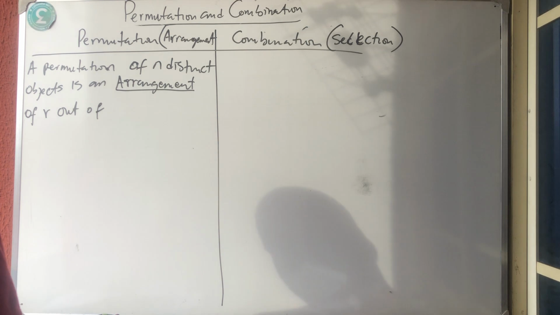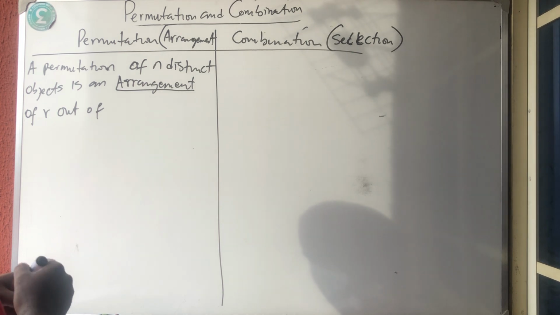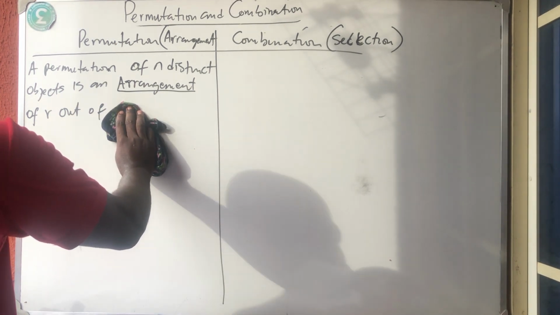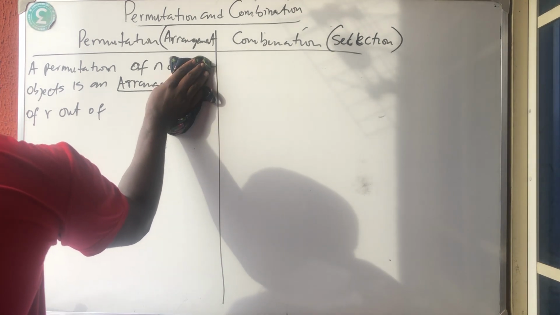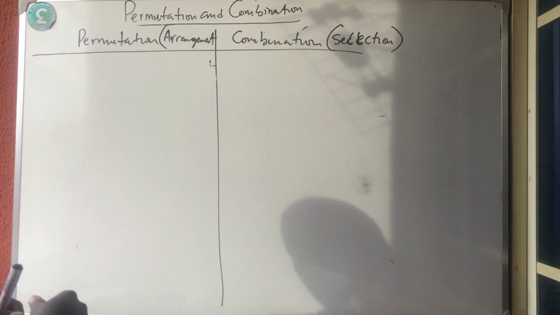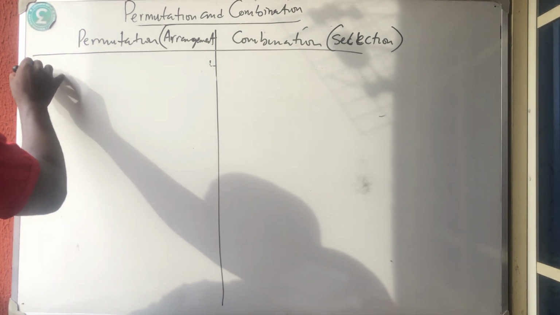they say a permutation of n distinct objects taking r at a time. Sorry, they said a permutation of an object.